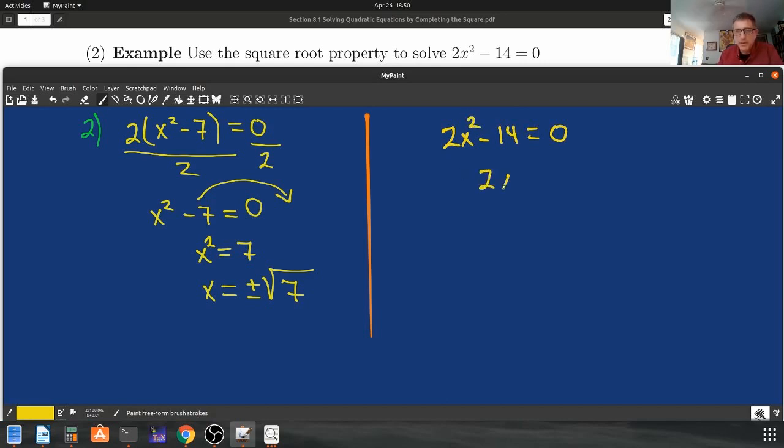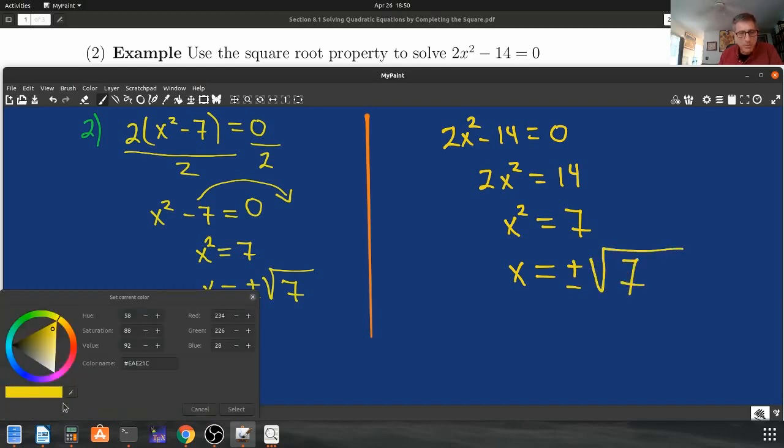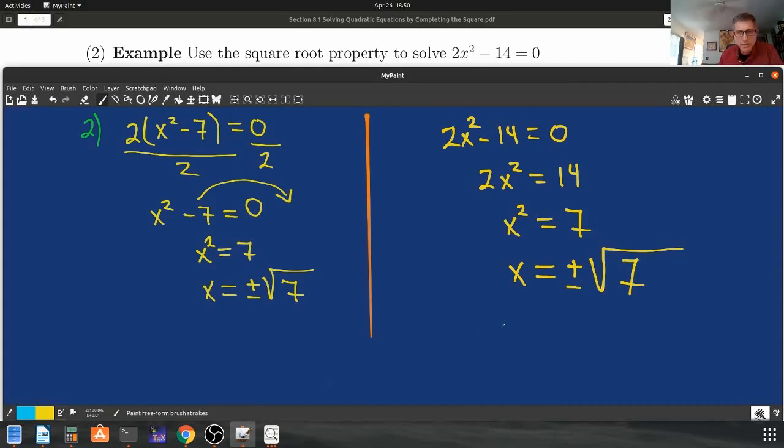That will give me 2x squared is equal to 14. Now divide both sides through by 2. That gives me x squared is equal to 7. And using the square root property immediately, I get x is equal to plus or minus the square root of 7. The only thing I want to make clear here is the reason we were able to use this property is because 7 is greater than or equal to 0.